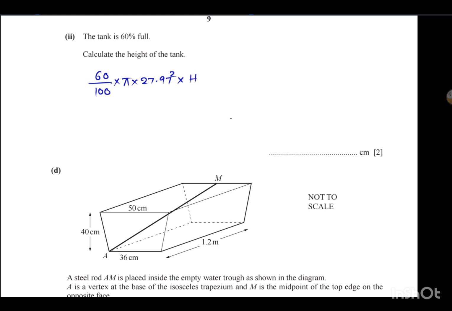So let us take h, will be equal to 206,400 centimeter cube. So keeping h on the left hand side, we bring everything to the right hand side to find out the value of the height of the cylinder. So 100 gets multiplied and 60 into pi into 27.97 square will be divided.